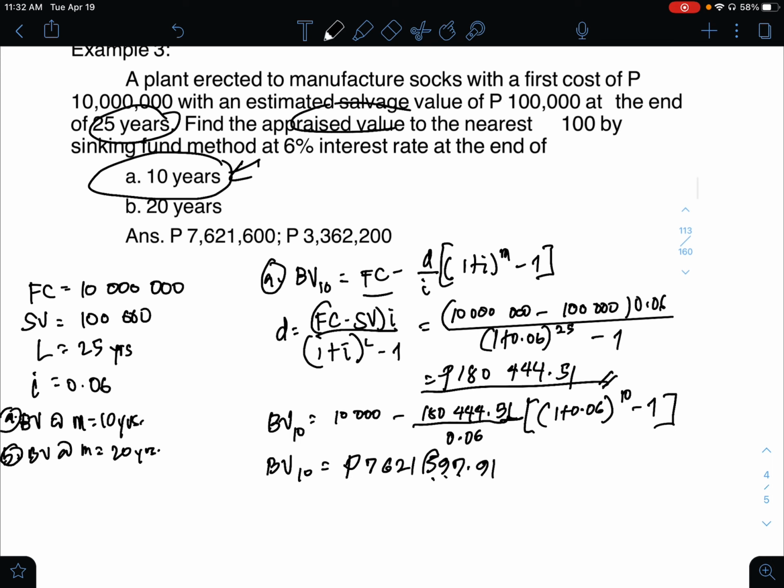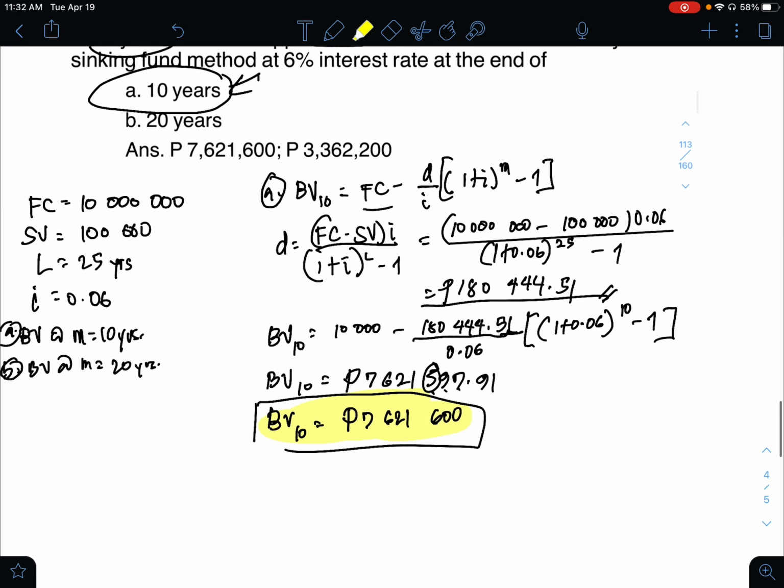Ones, tens, hundreds, so we round this off to 7,621,600 pesos. That is the book value, or the appraised value after 10 years.